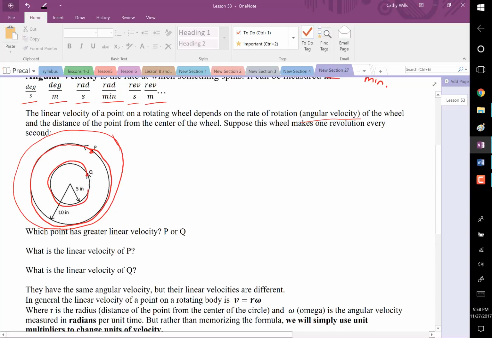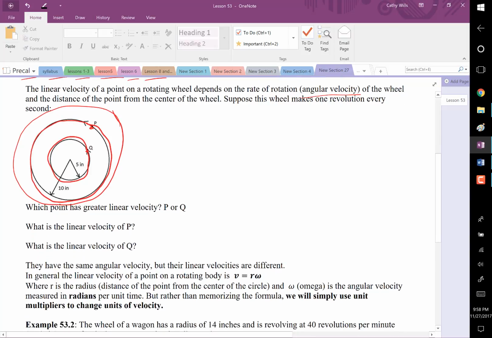Q is closer to the center. The radius of its circle is smaller, so it goes less distance in the same exact time that P goes that bigger distance. So P has the greater linear velocity, even though P and Q both have the same angular velocity.